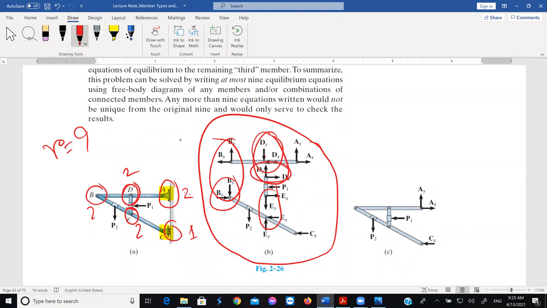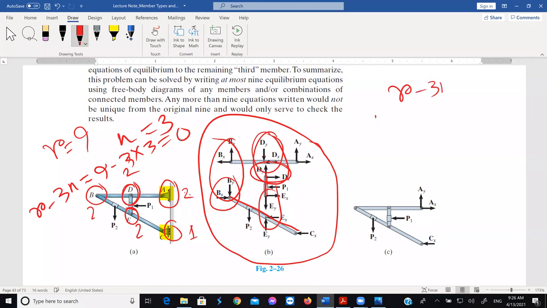That means R is equal to 9. And we have three members, so n is equal to 3. So R minus 3n is equal to 9 minus 3 times 3, that means it's 0. If R minus 3n is equal to 0, then it's statically determinate. So our considered structure turns out to be statically determinate.